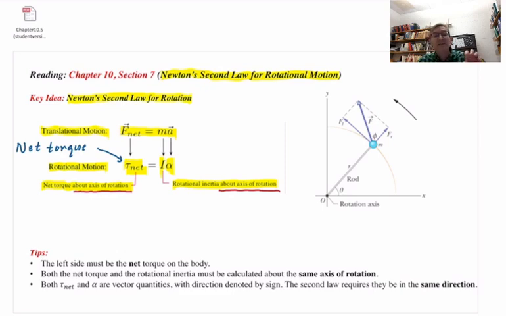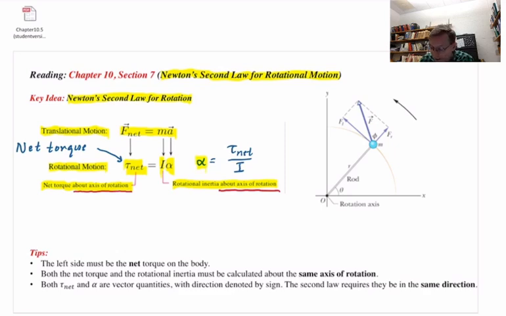And what this says is that the net torque equals the rotational inertia times the angular acceleration, which you can, if you wish, write as angular acceleration equals net torque divided by rotational inertia. And then it's a cause and effect relationship, just like the translational version of Newton's second law is. What you get out is an angular acceleration when you have rotation.